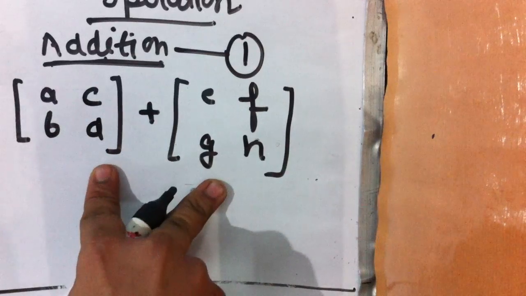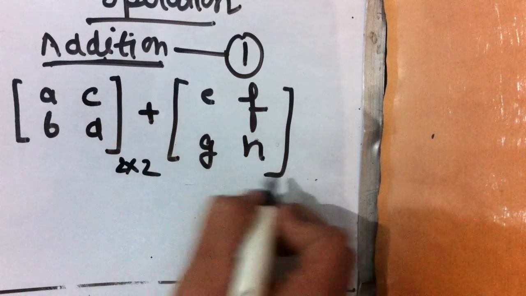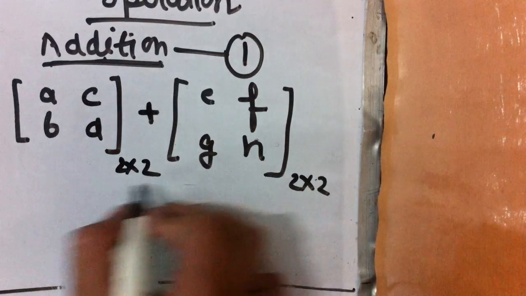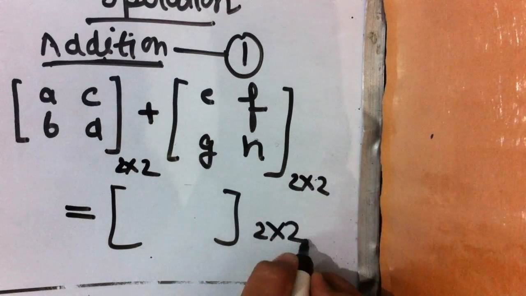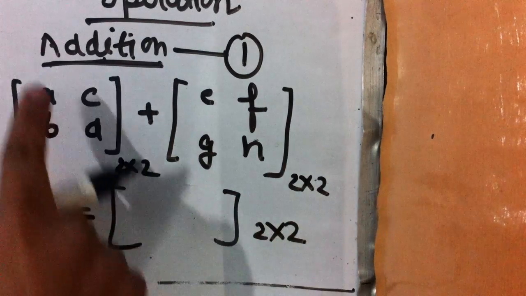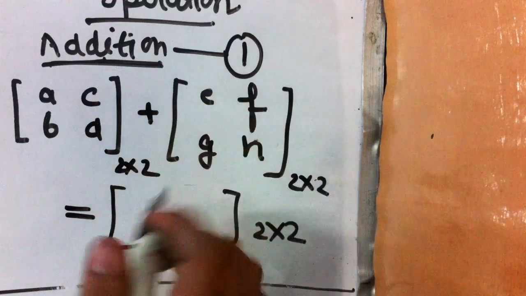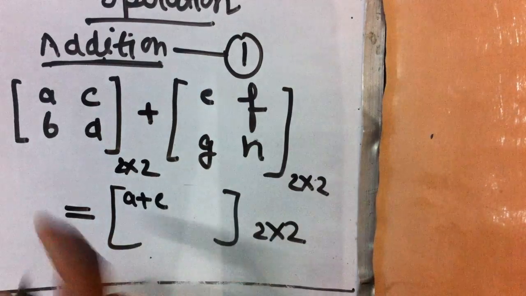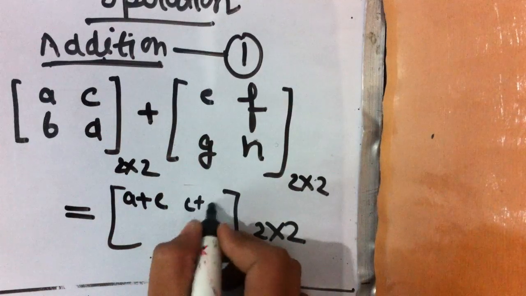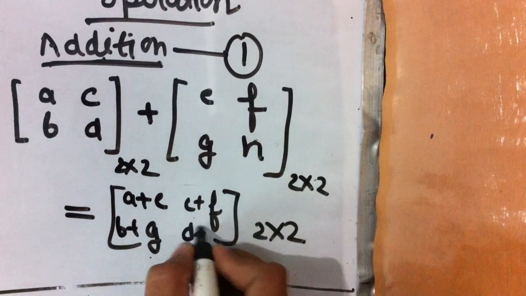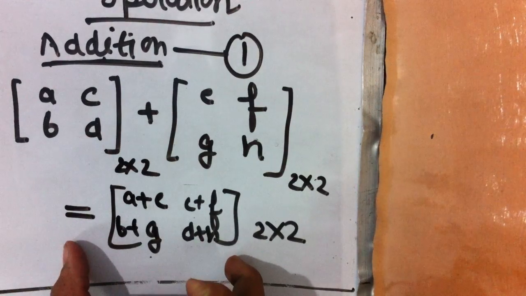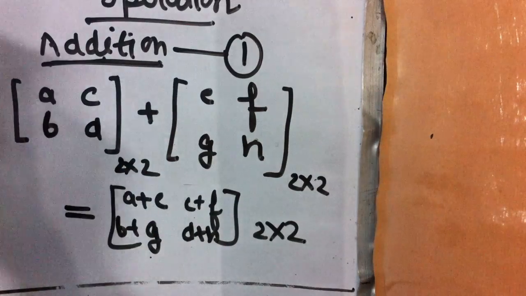That is, both matrices must have the same order for addition. So the resulting matrix would be again of the order 2 by 2. Now for addition, add the first element with the first element, that is A plus E, C plus F, B plus G and D plus H. So this would be the direct addition of any two matrices.